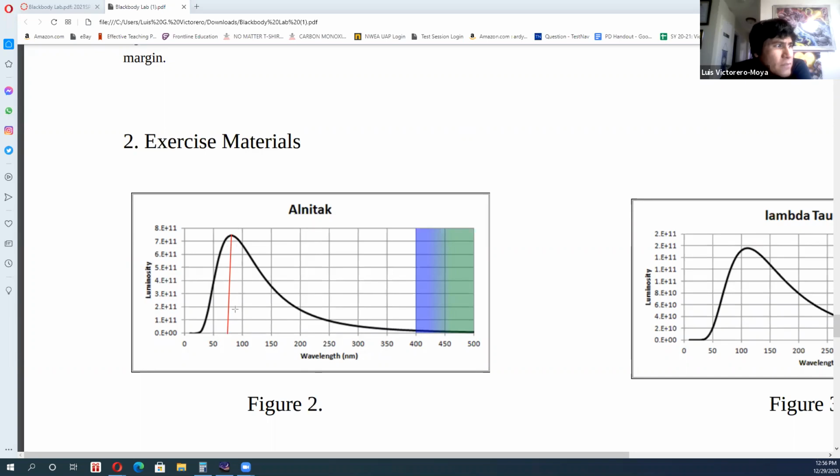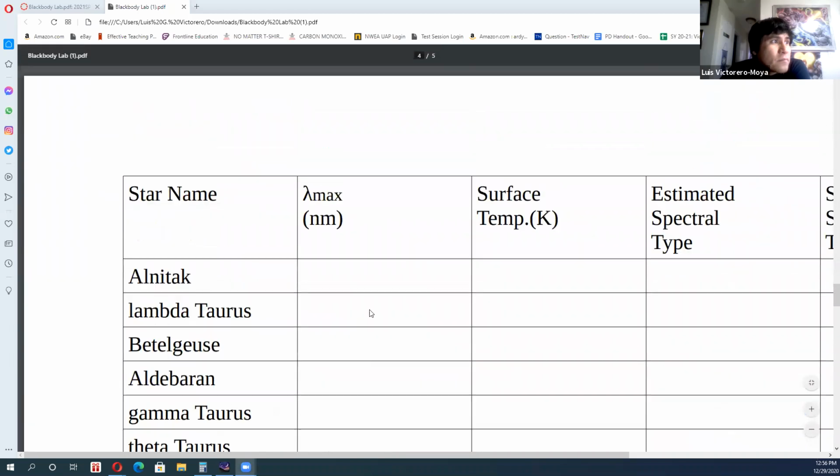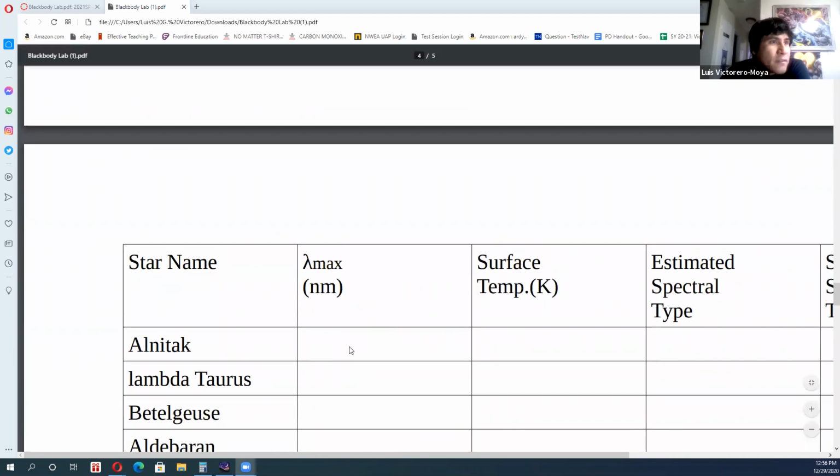The peak lands basically halfway. Half between 50 and 100 is 75 nanometers. You see the units? So 75 nanometers is the wavelength at the peak. You will write here 75 nanometers.